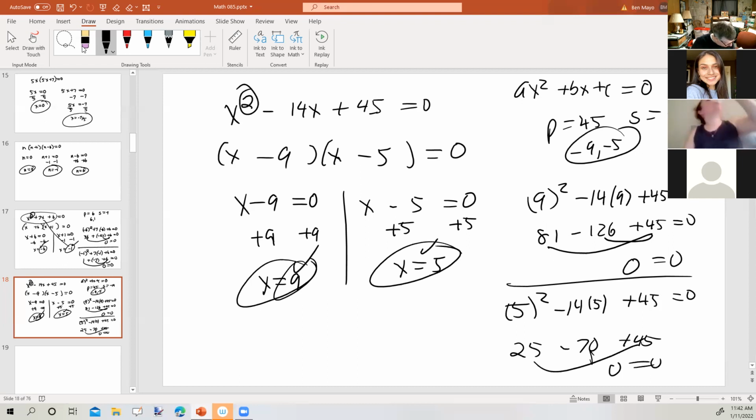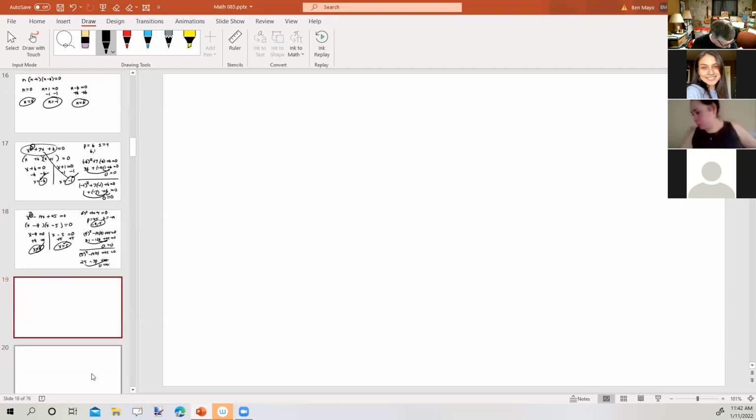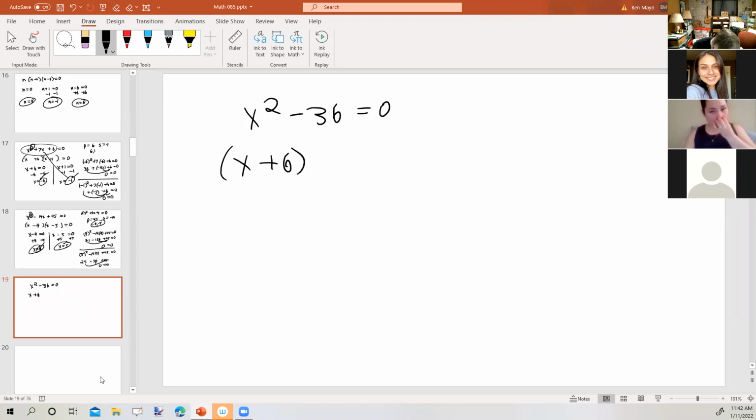Let's see here. How about this one? X squared minus 36 equals 0. Well, this is in standard form. On the left side of the equation, though, what do we have? Oh, it's the difference of two squares. So we get x plus 6 times x minus 6 equals 0.